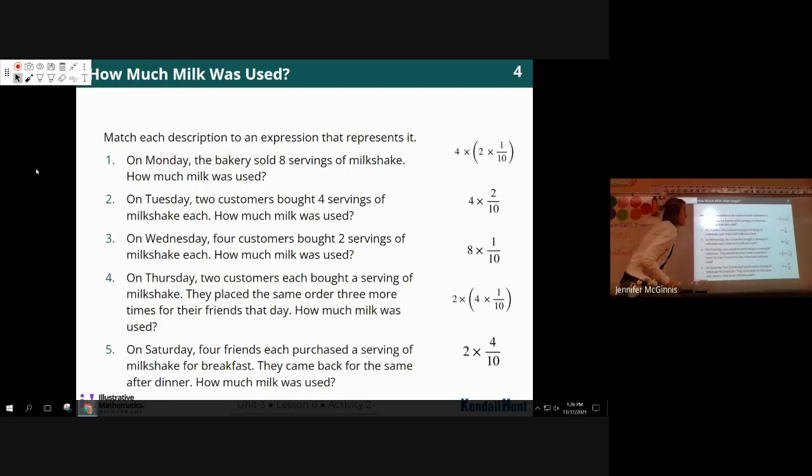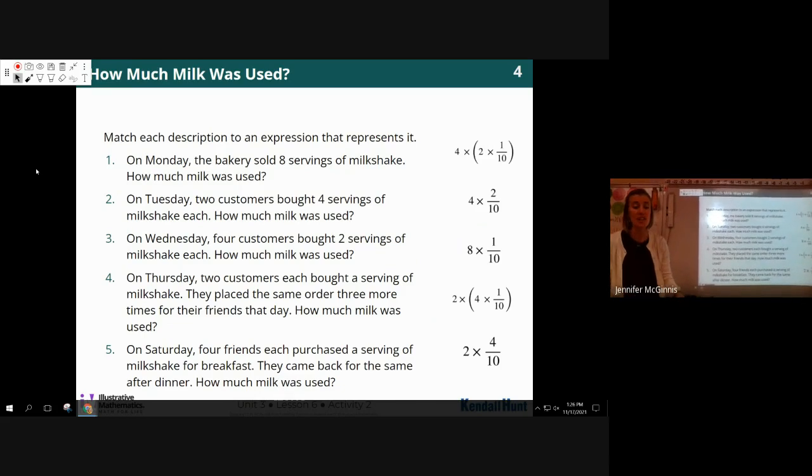Now, let's take that a step further and match each description to an expression that represents it. So, we're going to read these 5 stories, and we're going to decide which equation over here best represents the story we're being asked. Are you ready? On Monday, the bakery sold 8 servings of milkshake. How much milk was used?